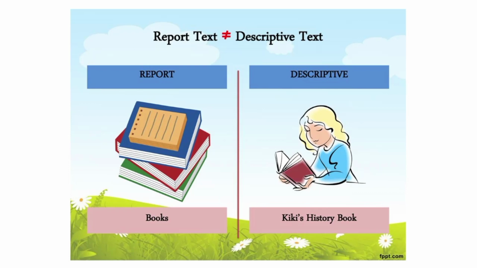And here we have Kiki's history book. So this is more specific, only talking about the history book of Kiki. Maybe the color is red, it's thick. So it's specific.